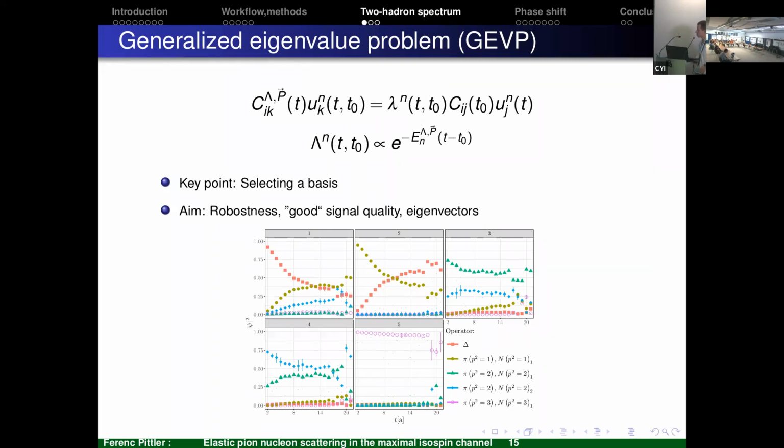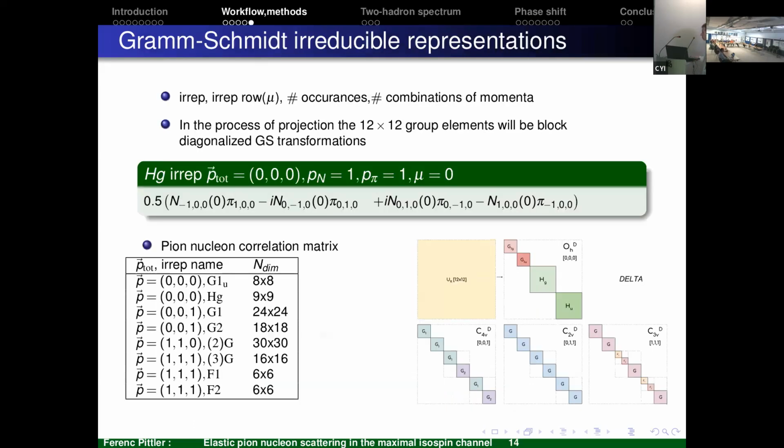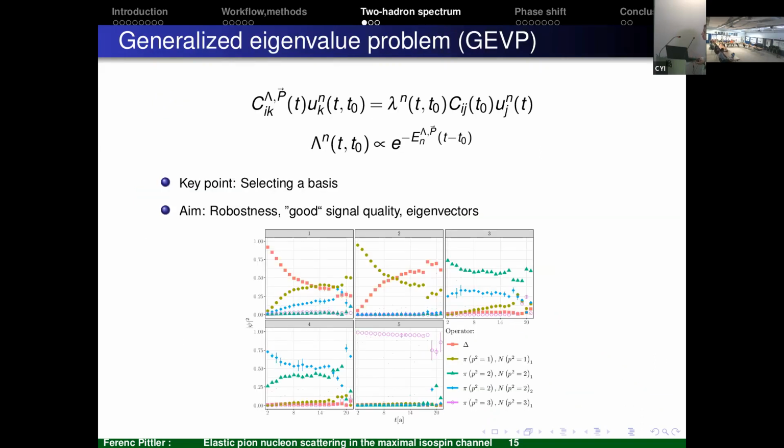At the end, to obtain the energy level, you can fit the principal correlator with a simple exponential. And of course, the key point is to somehow construct this matrix from these large dimensions in order to have a good signal quality and robustness.